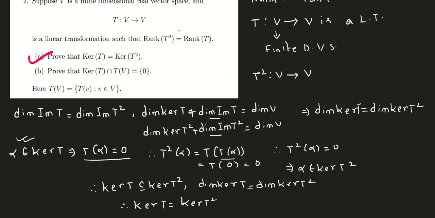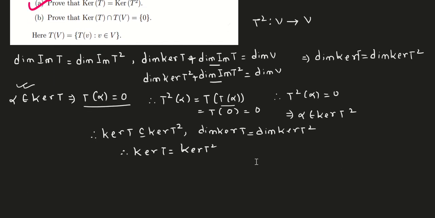Now we'll move to the second question. In the second question they have asked us to prove ker T intersection TV is equal to the zero vector; zero is the only intersecting vector between ker T and TV. So let us start by choosing a vector alpha belonging to ker T intersection TV.